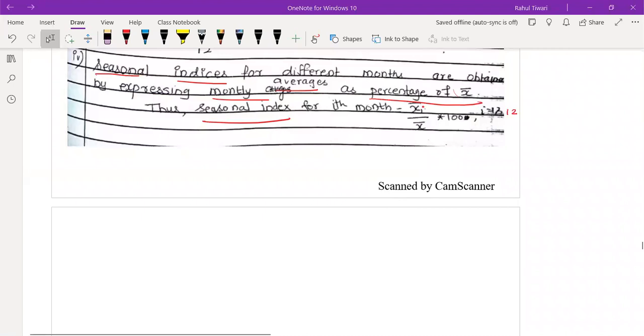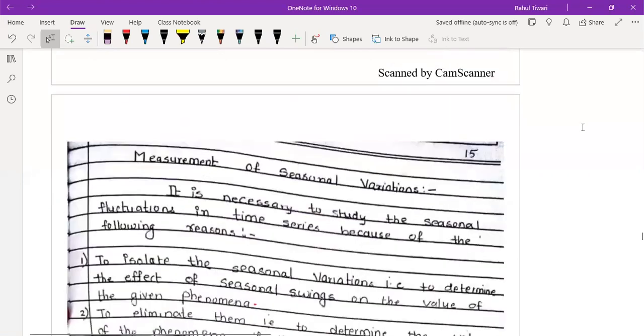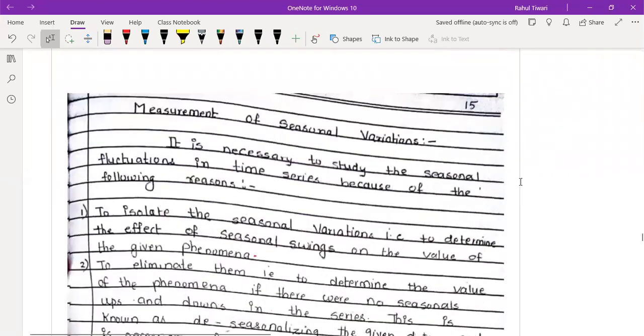So let's see the problem, and then I will go through the stages given in the procedure. I will copy this and paste it here. Let's see whether you can see the problem or not.